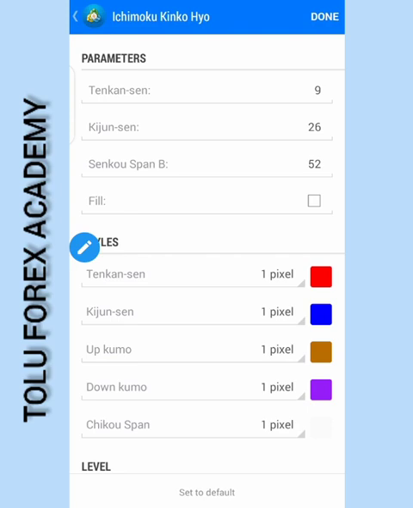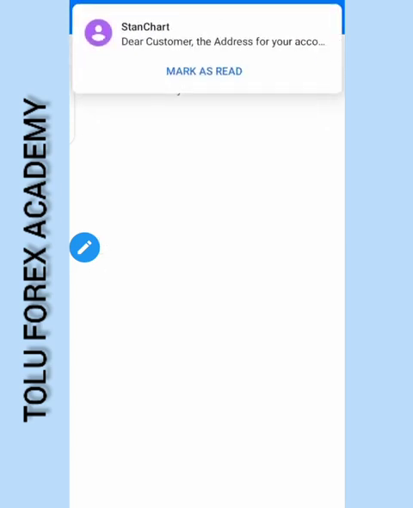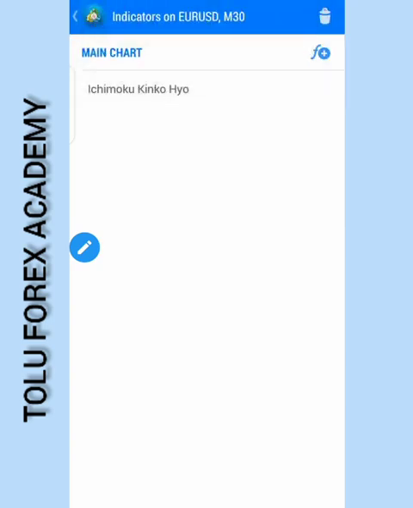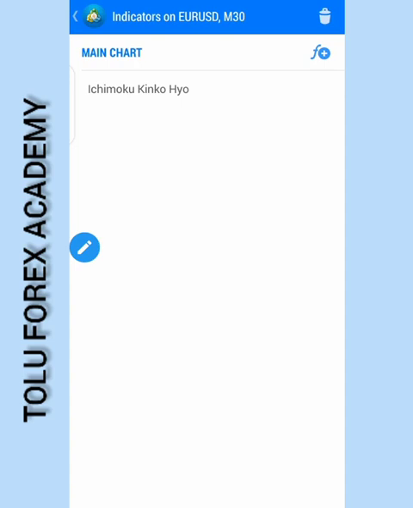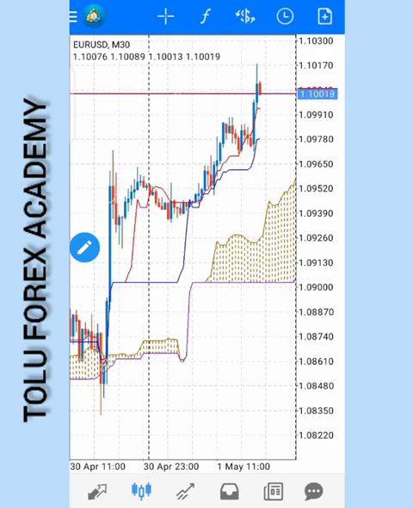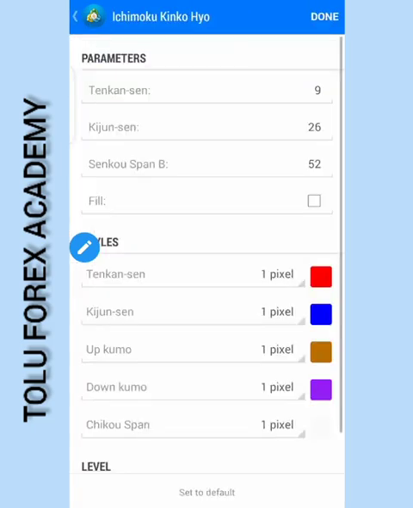Okay, so I go back and edit this. I want the cloud to be all shaded. I don't want it this way. So I will go back to the indicator section and edit it.